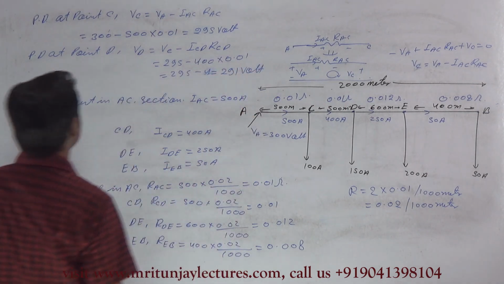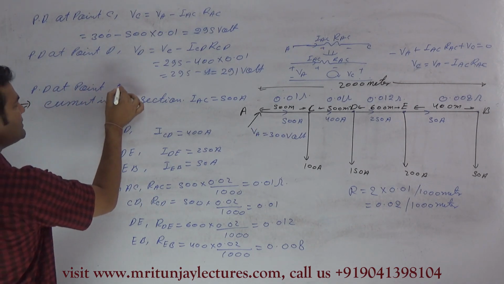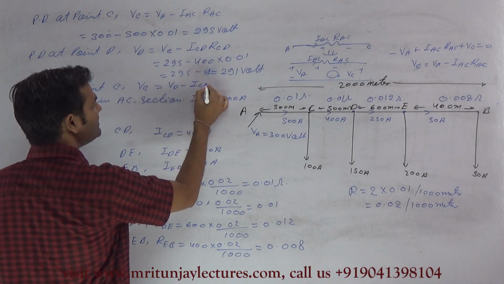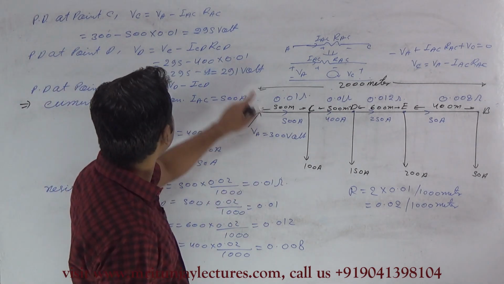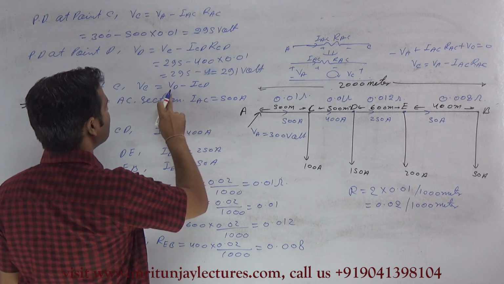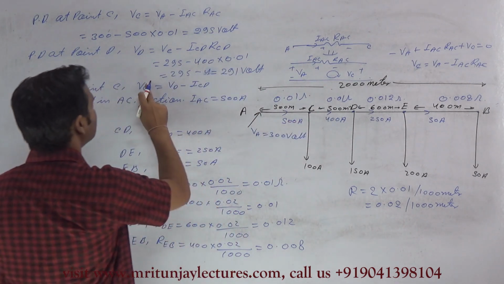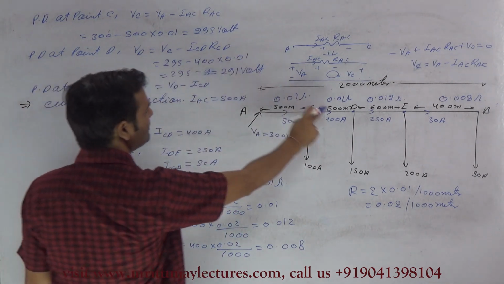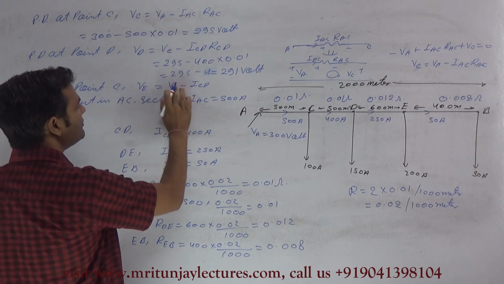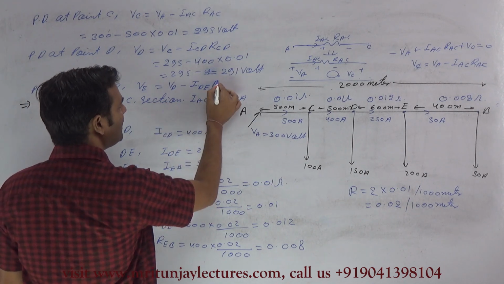Clear? Now the potential difference at point E, VE, is equal to VD minus I of DE into R of DE.